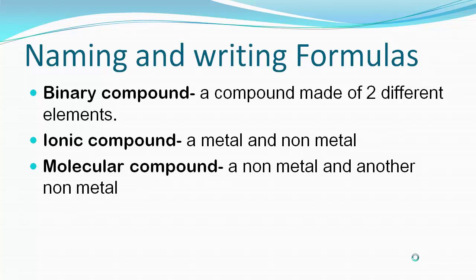So how do you name and write formulas? First we're going to talk about binary compounds. Binary is bi, like two, so a compound made of two different elements. That could be either Na and Cl, which is an ionic compound, a metal and a nonmetal, or a molecular compound, a nonmetal and another nonmetal, such as Cl and O. I don't even know if those come together, but that would be a molecular compound, two nonmetals.